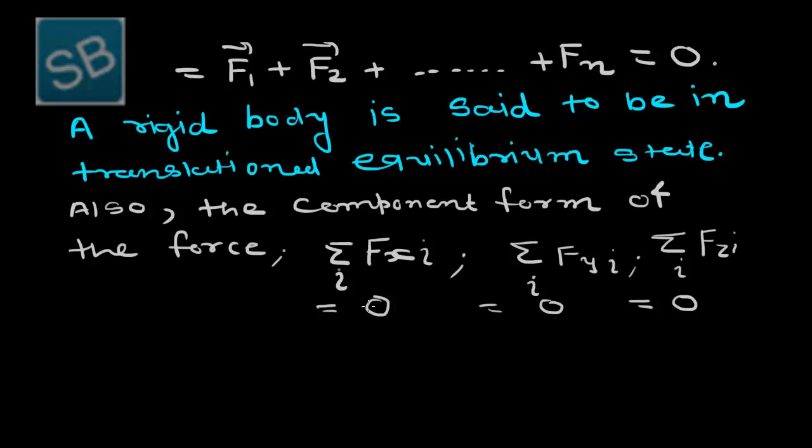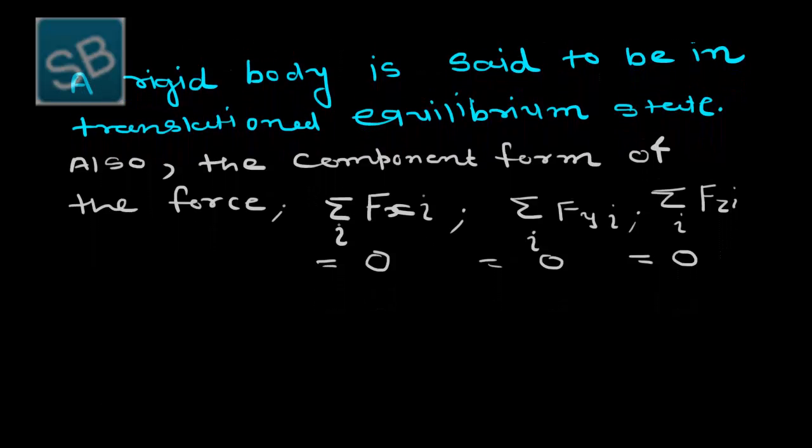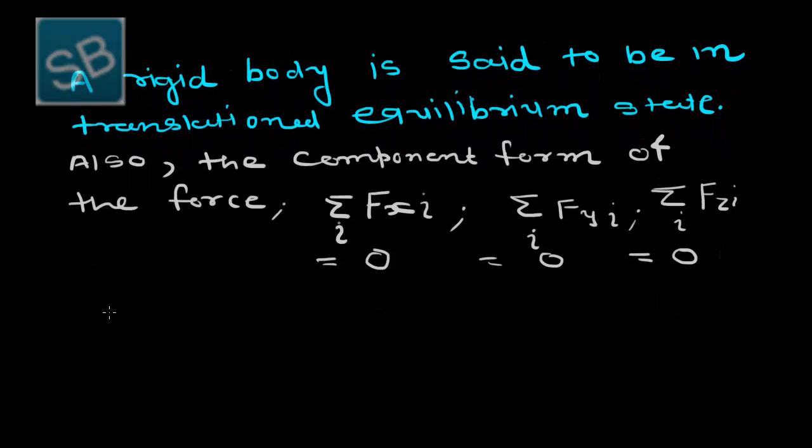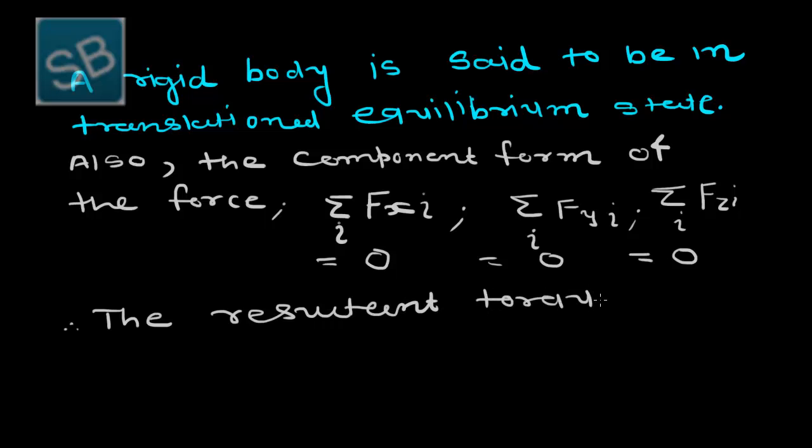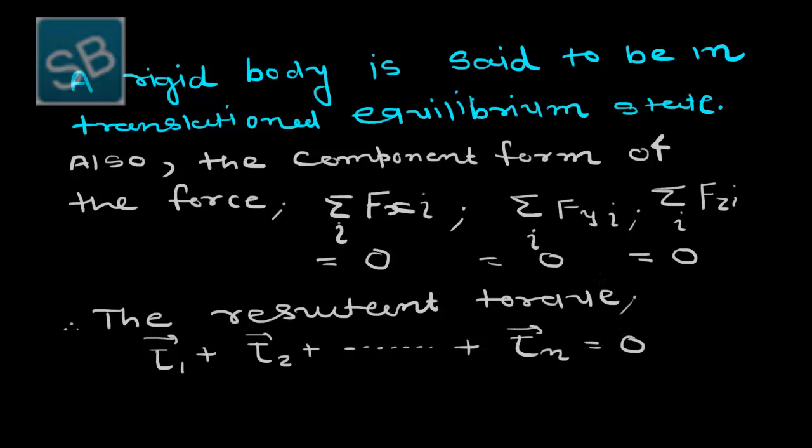Now assume one thing: the torque is totally related to force, that means R cross F. So the resultant torque, that means tau 1 plus tau 2 plus so on up to tau n, is equal to 0.